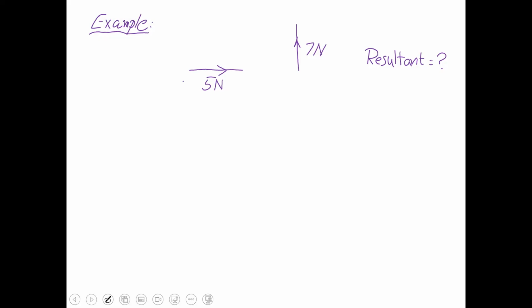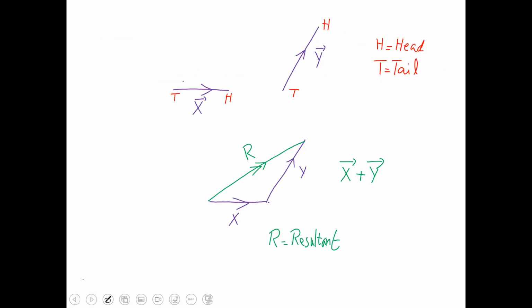Sir, what do you mean by when resultant vectors are head to head? Actually, this is a diagram feature. If you look at this diagram, it's how to identify which are the vectors being added. Now look at this. This is the head. This is the tail.